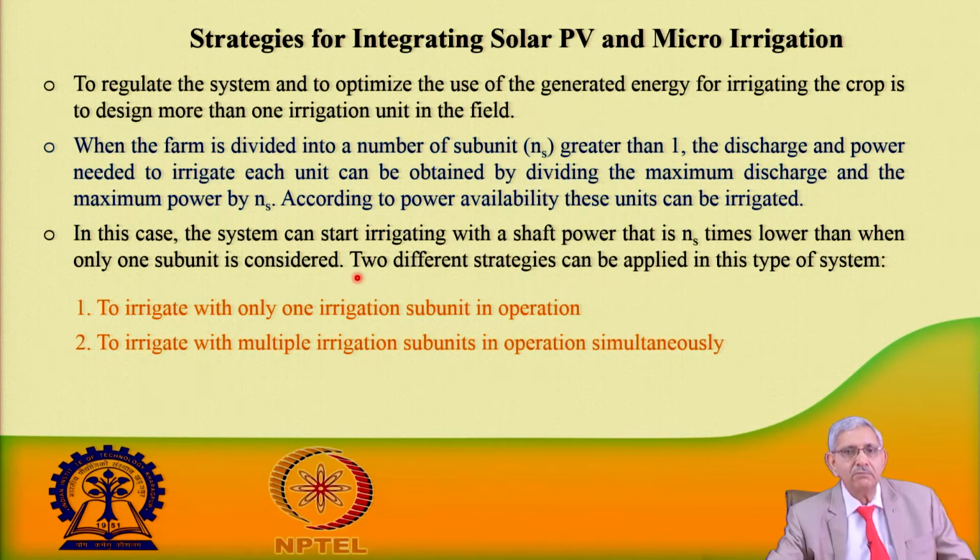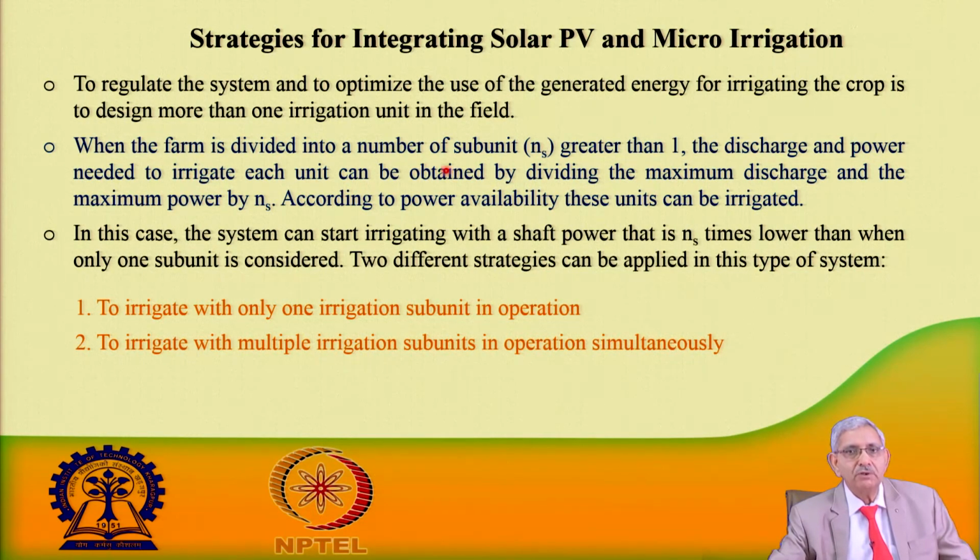So, the whole farm can be divided into a number of units, so that the available system can be effectively utilized, and the whole energy available from the field can be used for irrigation, and then the cost of the system can also be reduced.